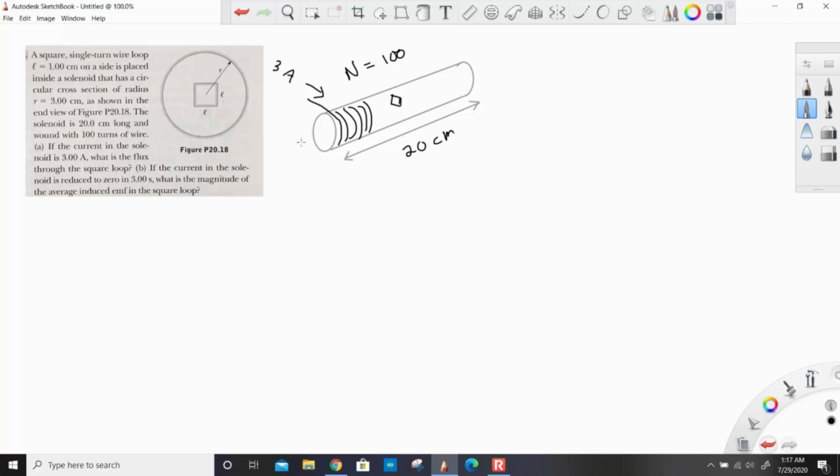So we can now find the magnetic field inside our solenoid, right? The magnetic field inside the solenoid is, of course, given by our solenoid equation, mu naught lowercase n i, where lowercase n is the coil density and is equal to the number of turns per unit length, okay?